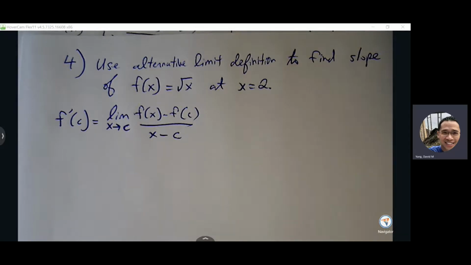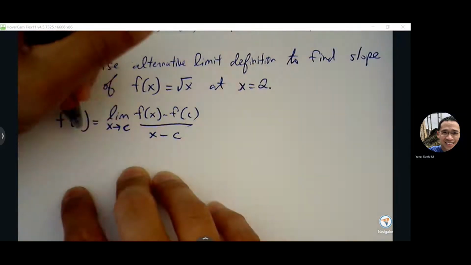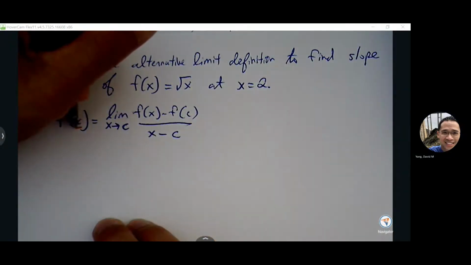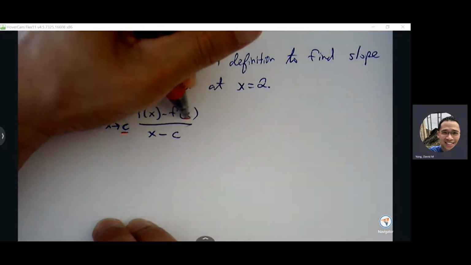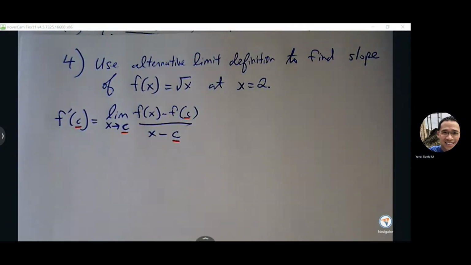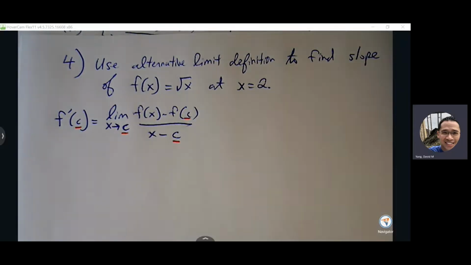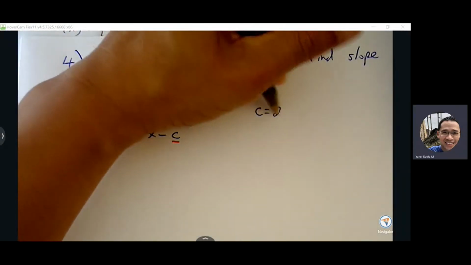The first thing we do is replace our c value. I'm going to underline all the c's here. What do you think the c value is? 2. Yeah, that's the center of our problem, that's our c value.